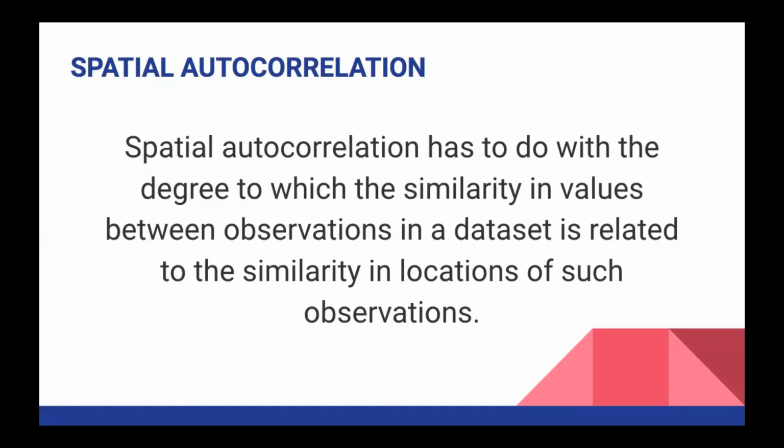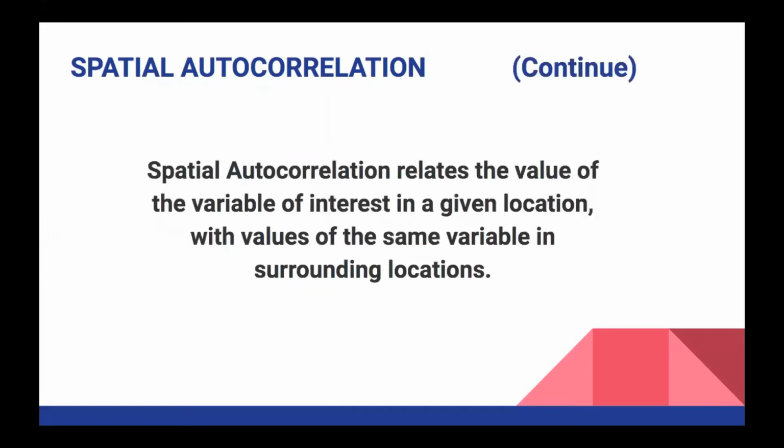How similar they are, that is what autocorrelation will help us to solve. So spatial autocorrelation relates the value of the variable of interest, in this case the number of COVID-19 cases, in a given location, with the value of the same variable in the surrounding locations.